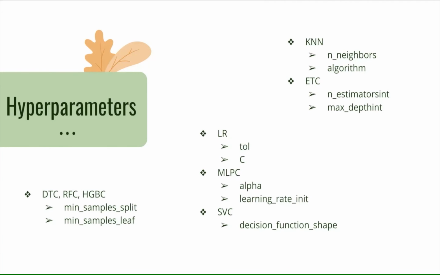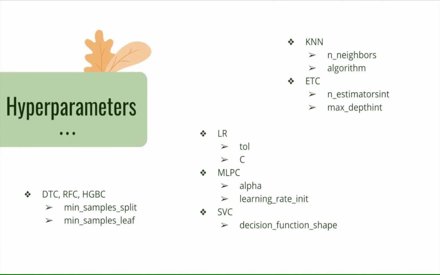For the SVC, we explored the one-versus-rest and one-versus-one decision function shapes. And for the KNN, we controlled the number of neighbors used by default for k-neighbors queries, and the algorithm used to compute the nearest neighbors.